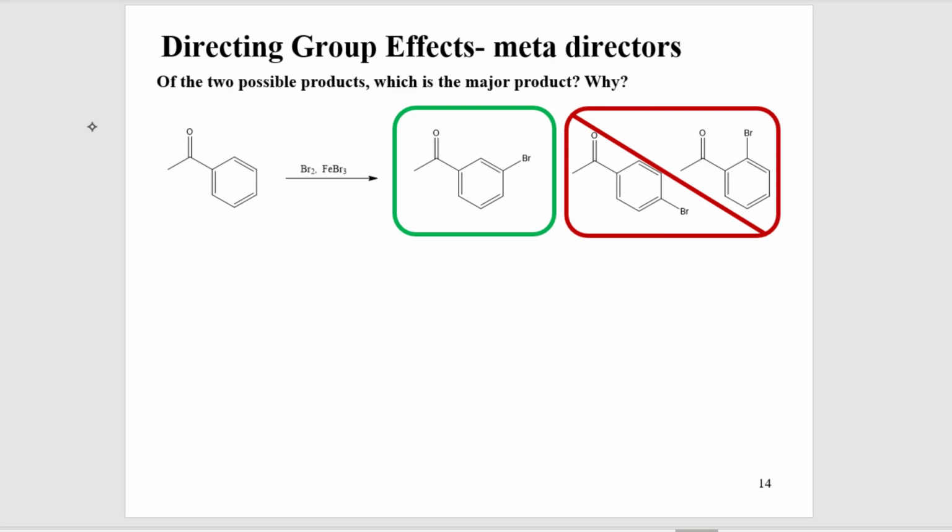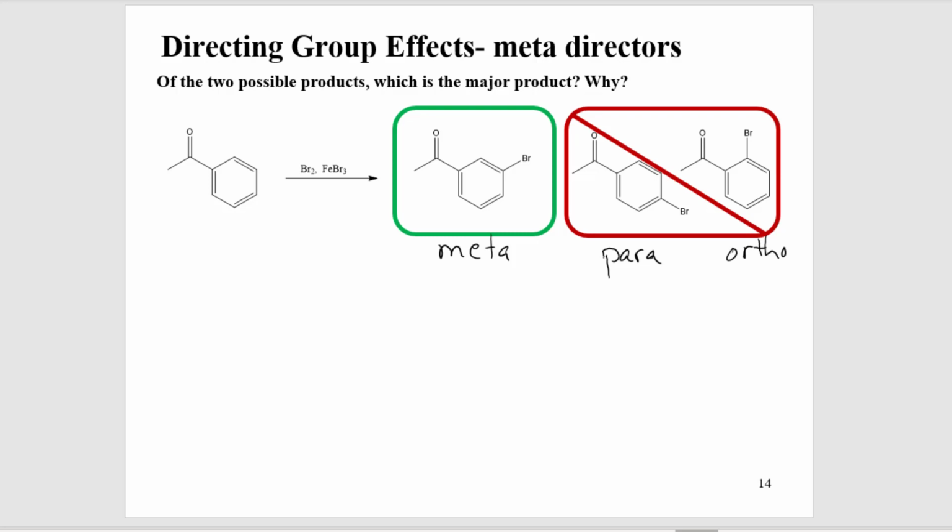Okay, let's look at electron withdrawing groups. What you'll notice is that what is preferred is meta, and what is not observed are ortho, oops, I got them backwards, ortho and para. Okay?